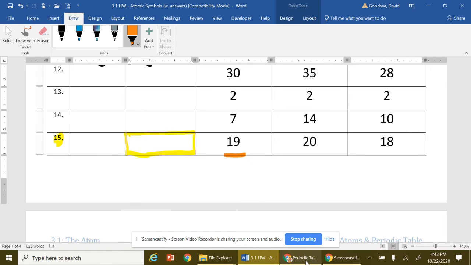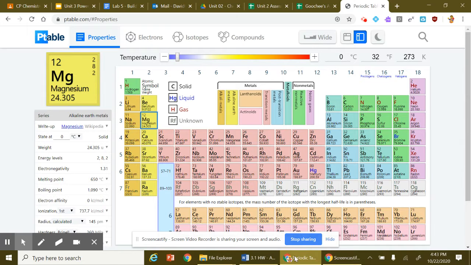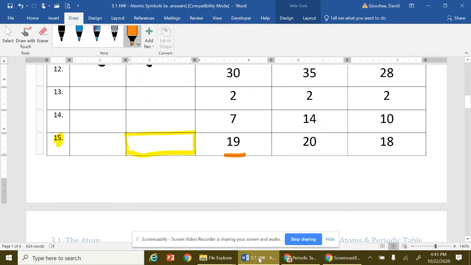So I'm going to go to the periodic table and look up element number 19. Element number 19 is potassium, symbol K. So this is potassium. And I might as well just put down the symbol is capital K.